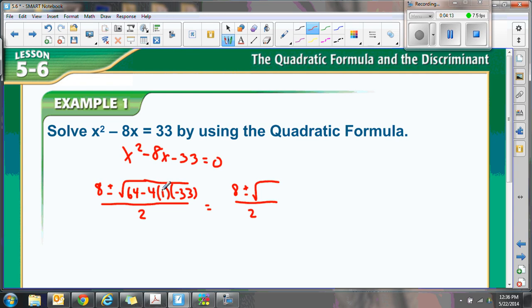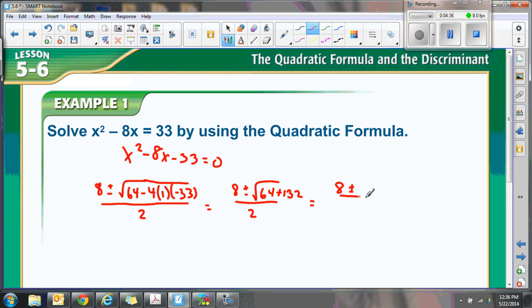Make sure you follow your order of operations, meaning all of this is going to have to be multiplied first. So 4 times 1 times negative 33 gives me a value of negative 132. So we're going to have 64 minus a negative 132, which changes into plus 132.